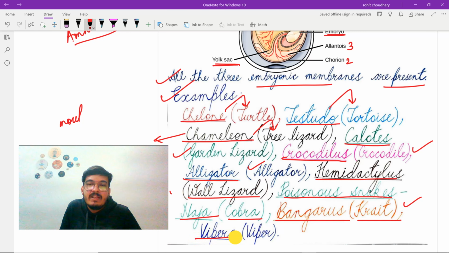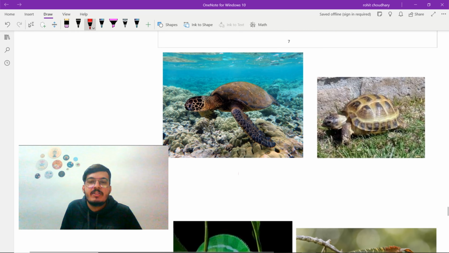And the next one is Vipera, also known as viper. It is also a poisonous snake and it is viviparous as well. The head is differentiated from the body and its venom is hemotoxic or cardiotoxic. Let's have a look at the pictures of the examples that we have just studied.